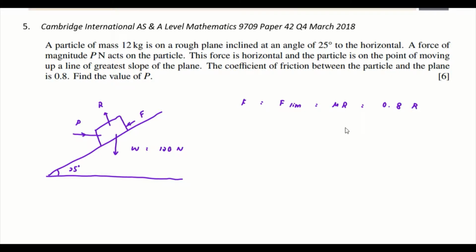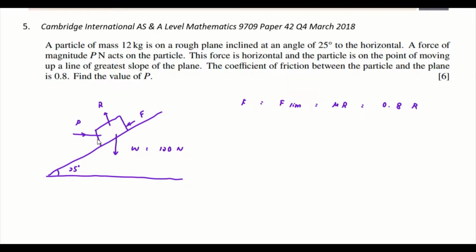Okay, so you actually have two ways of resolving your forces. The first one is you can resolve in the direction of the plane, right? The second one is you continue to resolve in the horizontal and the vertical. In this question, I don't think there's much difference, because whichever direction you use, at the end you still need to resolve two.